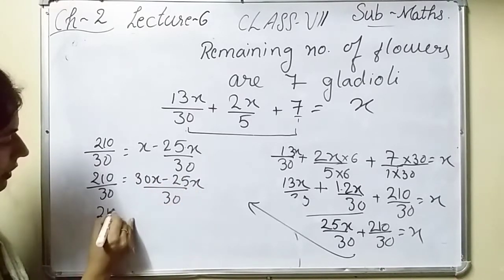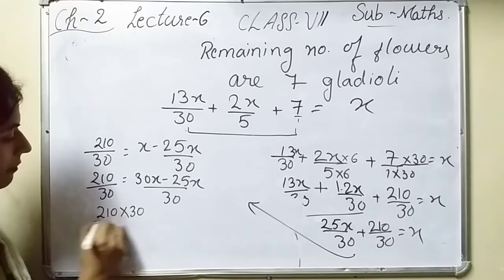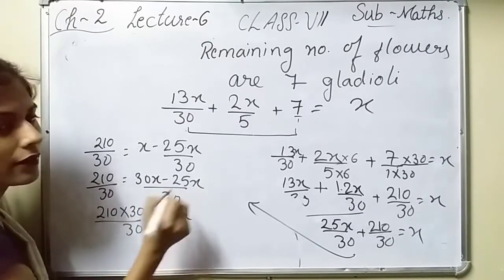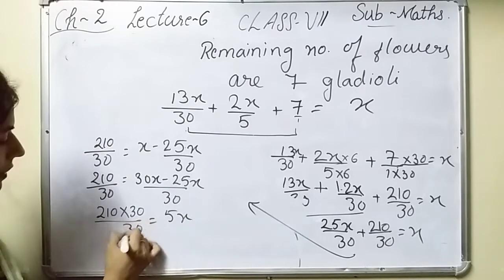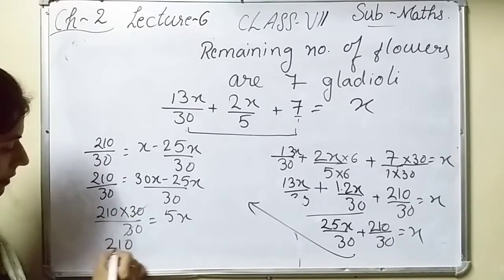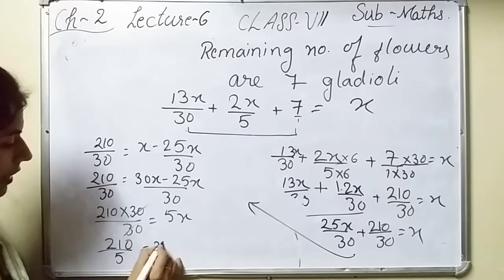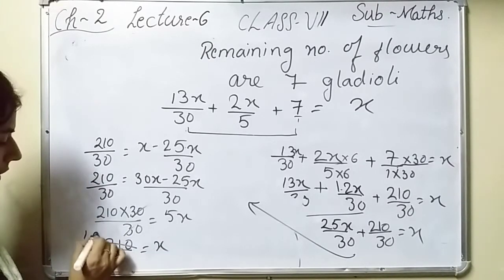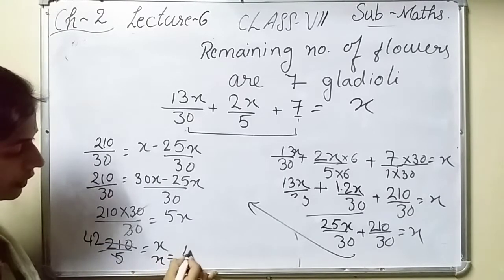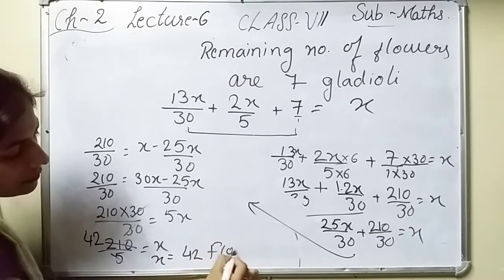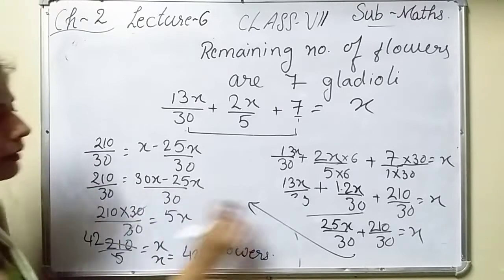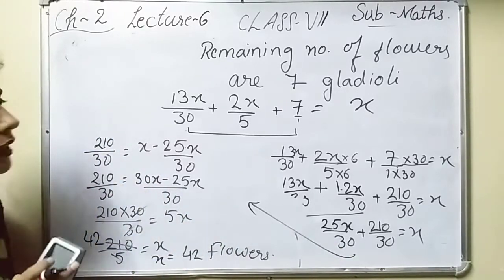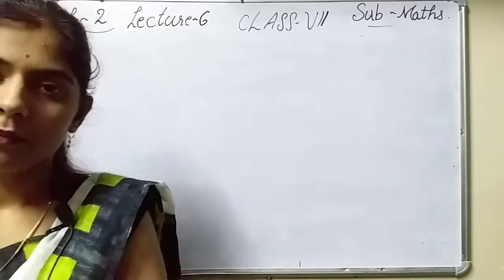Now 210 into 30 by 30 is equal to 5x, because 30x minus 25x gives 5x. So 210 by 5 is equal to x. 5 fours are 20, 5 twos are 10. x is equal to 42 flowers. Okay, I have solved the remaining part here. Now see question number 11.